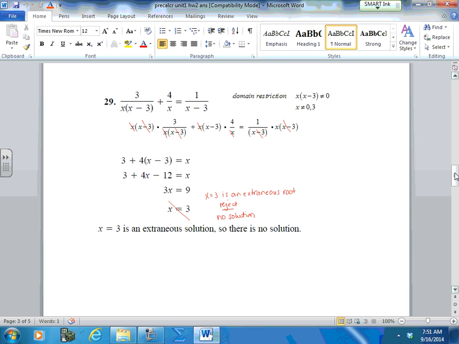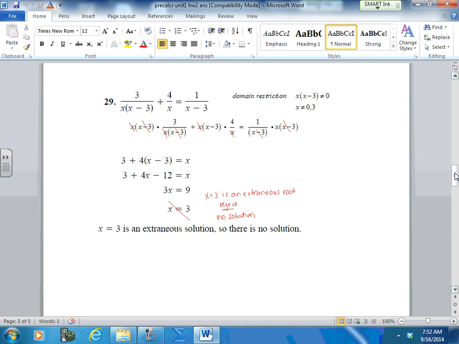Again, find your common denominator. Go to each spot. I need an x. I need an x minus 3. Put it on the top of every term. Cancel out. I have 2 restrictions. X cannot be 0 and x cannot be 3. Those will make my denominators be 0. And when we come down to your solution, x is 3.